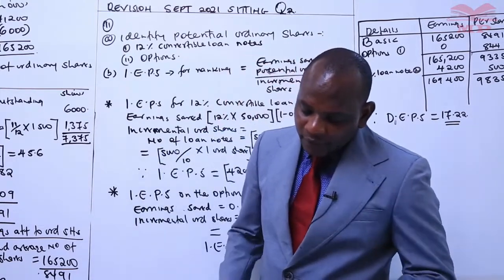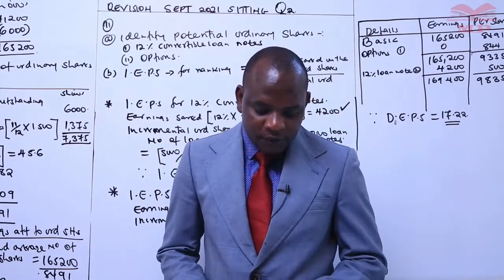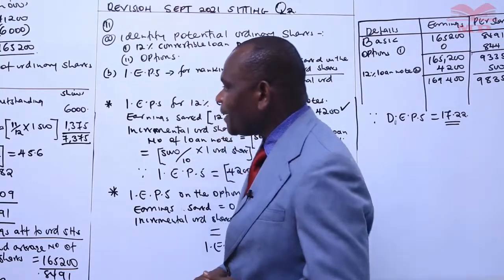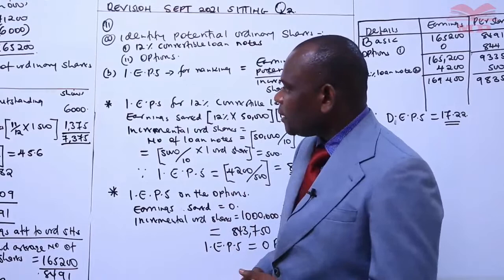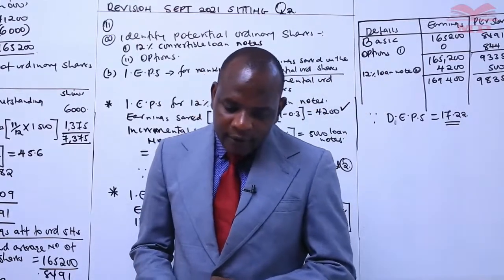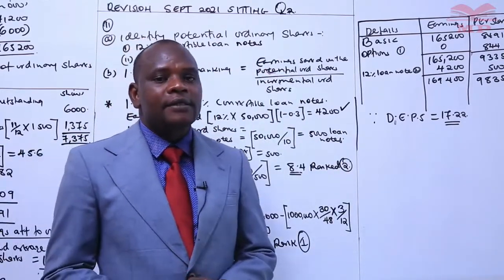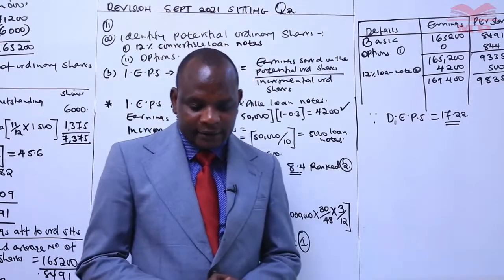Number 3, if the reported loss is 10% or more of the combined loss of the segments that reported a loss. And number 4, if the segment assets is 10% or more of the combined assets.